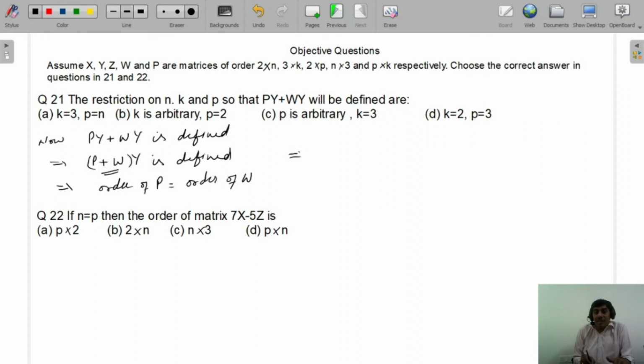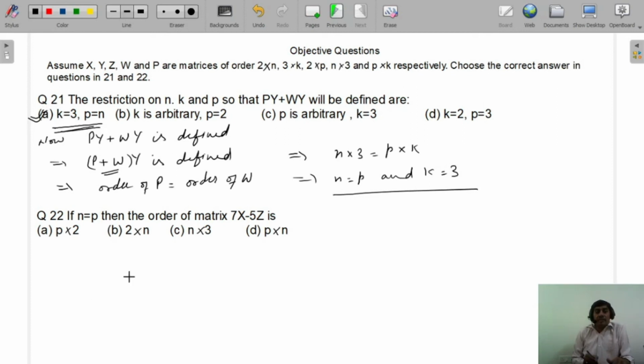This implies n cross 3 is equal to p cross k. This implies n is equal to p and k is equal to 3. So the first option is our required answer: k is equal to 3 and p is equal to n.